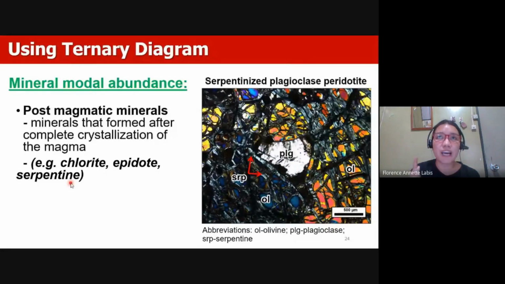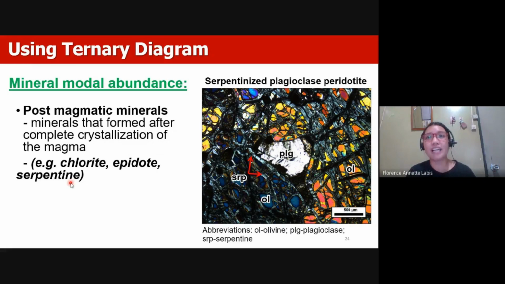But unfortunately, even though maka-affect siya sa chemical composition sa bato, mura siya samok, ni-samok ra siya, gi-messed up ang chemical composition sa imong rock because wala man siya originally na-form sa magma. It is post-magmatic. So it does not represent the true composition of your magma.